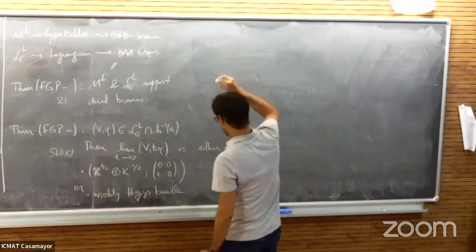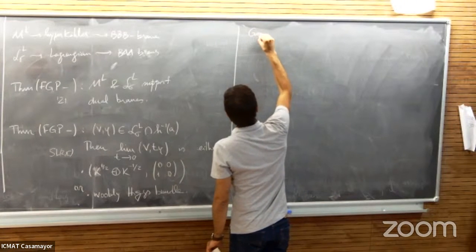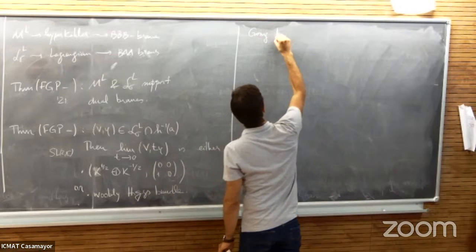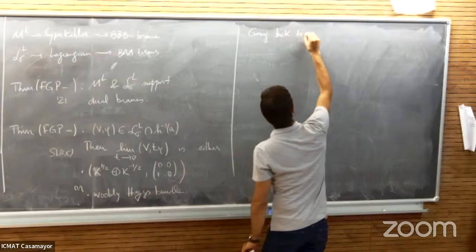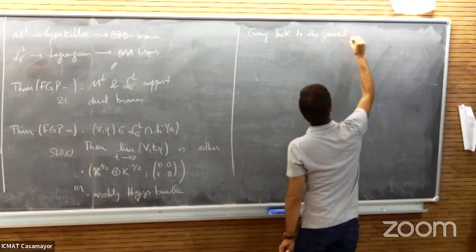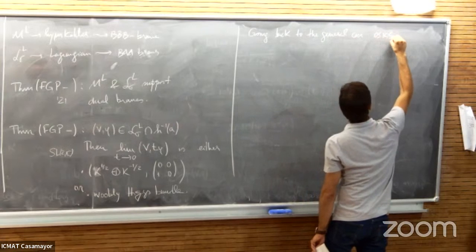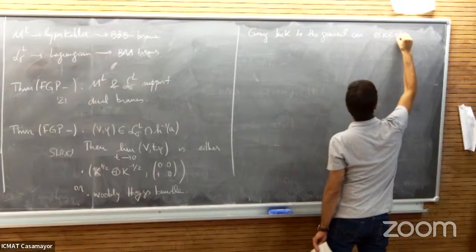All right, so now just to finish, going back now to the general case. And general case means that K is not maximal anymore.